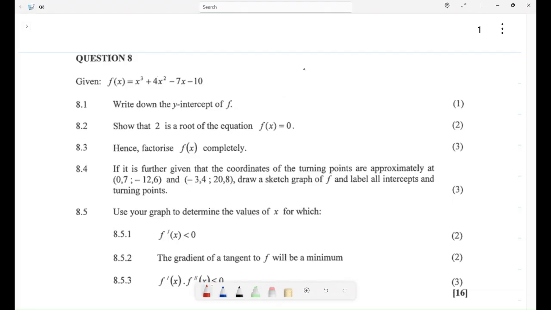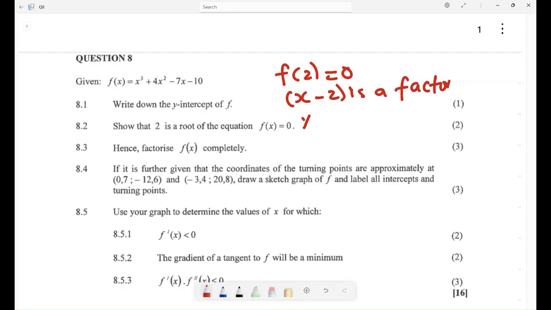Hence factorize. Now that we see that f of 2 is equal to 0, therefore it means that x minus 2 is a factor. Why? Because when we say x minus 2 is equal to 0, we get x is equal to 2. It is a factor.